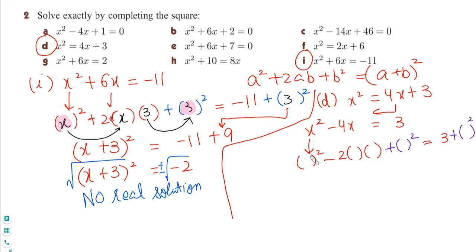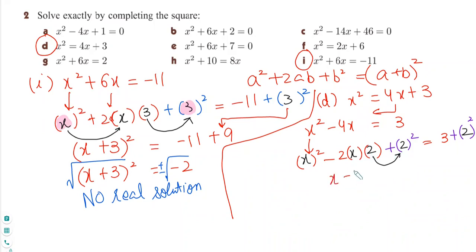Okay, now filling each bracket. So this will be x, this will be x, and obviously it should be 2, so that this whole thing becomes 4x. So it means b will be equal to 2. So a square minus 2ab plus b square gives you a minus b whole square. So this is actually the algebraic identity, which is a square minus 2ab plus b square is equal to a minus b whole square, right?